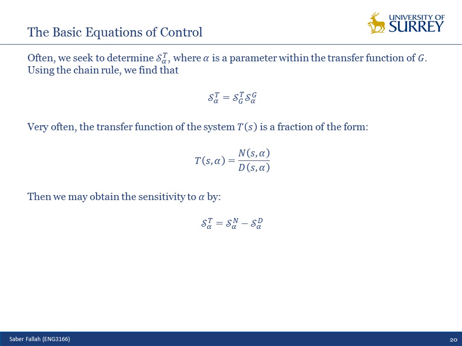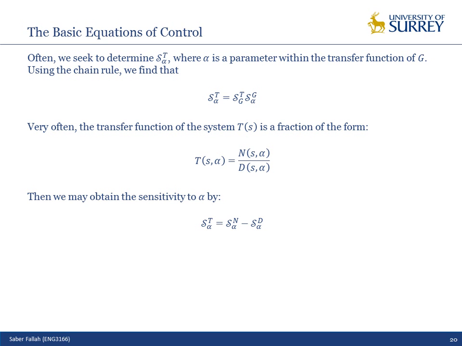In 1920, I think it was again a British engineer, in the communication company, they had a system. They designed an amplification system, but the system was very sensitive in the open loop. They designed a closed loop system in 1920, but they didn't know how much the system is robust against the variation of the components.